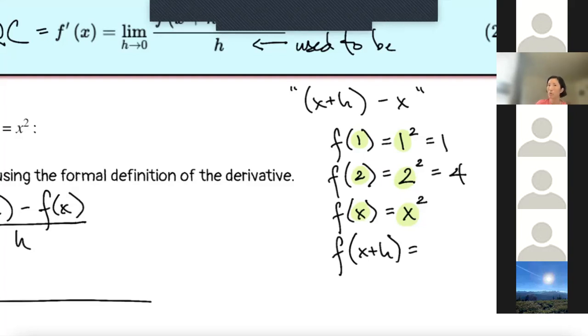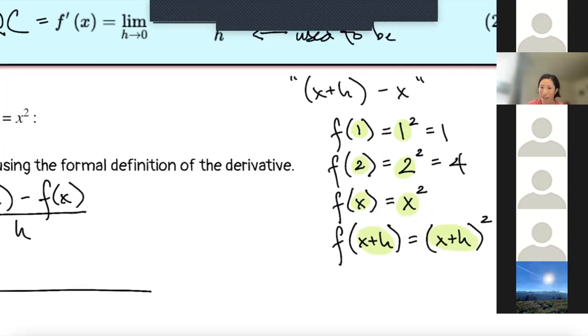What is my input here? My input is x plus h. So guess what I have to do? I have to do exactly like Sophia and Luca said. I have to take my input and I have to square it. Okay, so I'm going to put x plus h squared. So this is my input, and I have to square the whole thing.